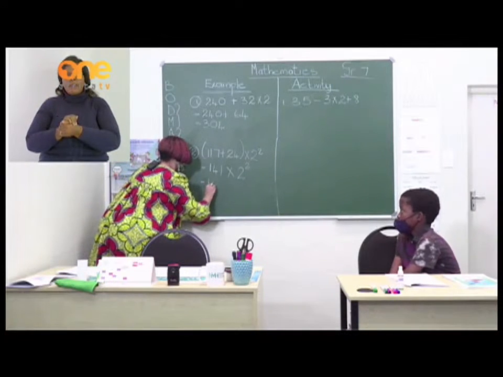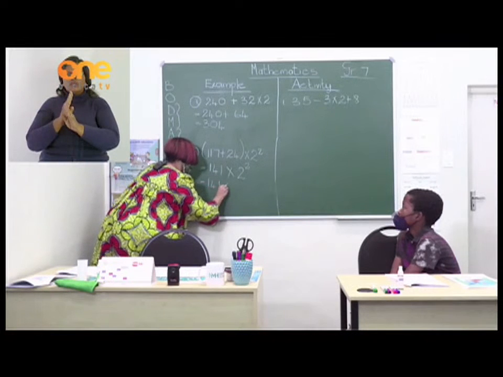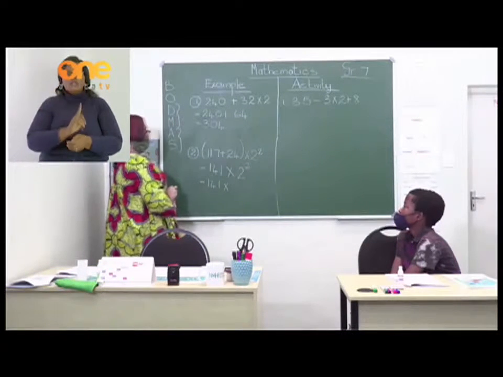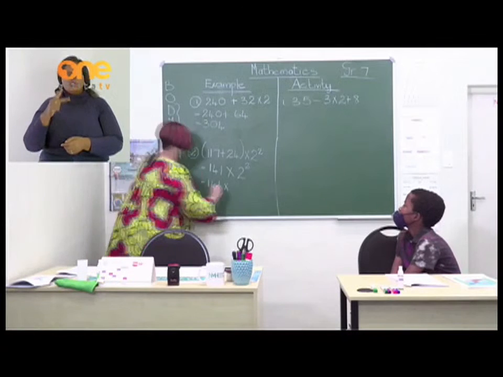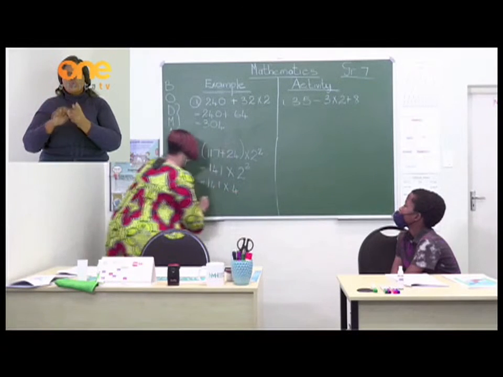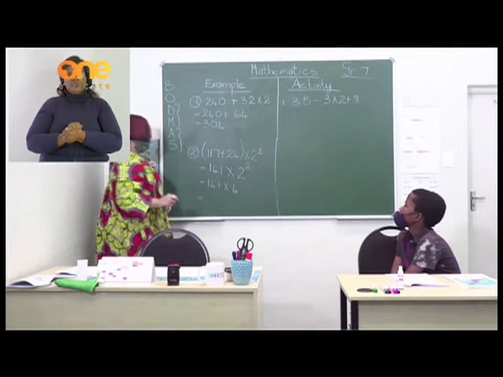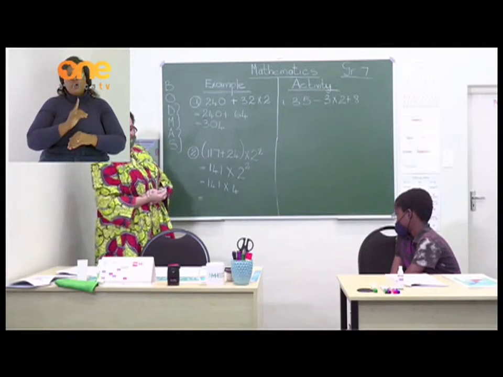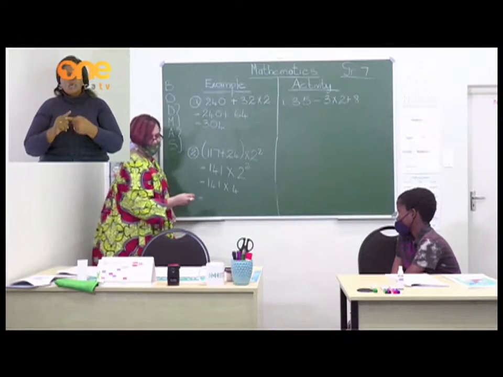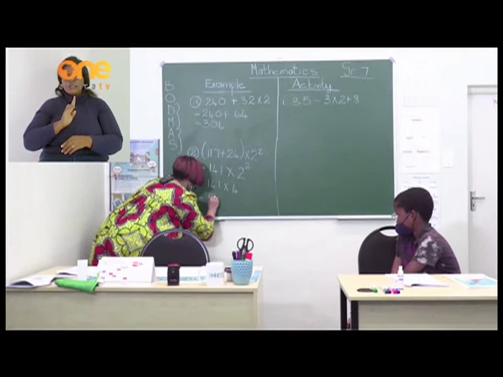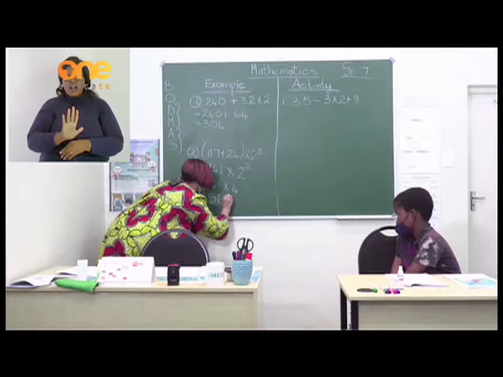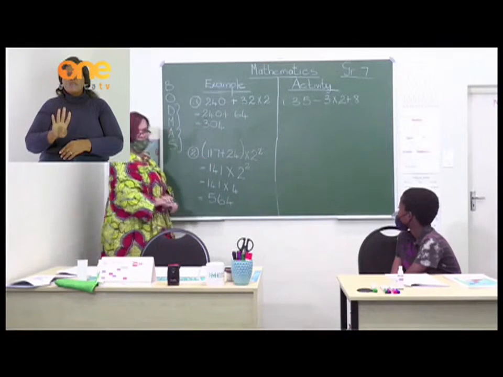So I have 141 times 2 squared. Yes, 4. So 141 times 4 gives me 564.